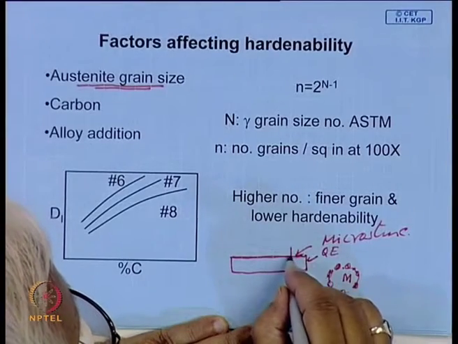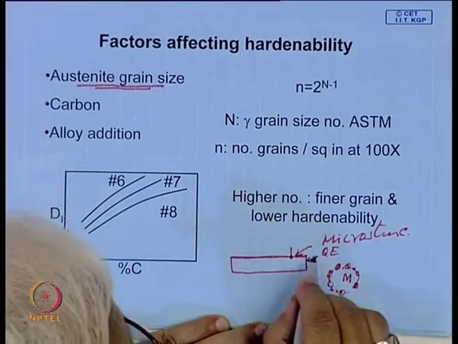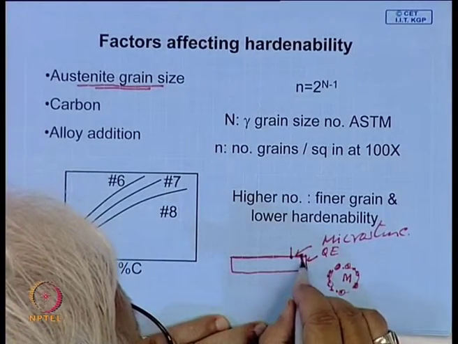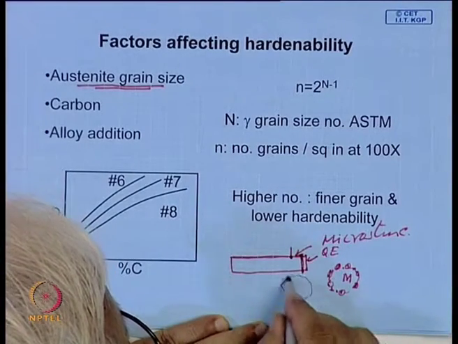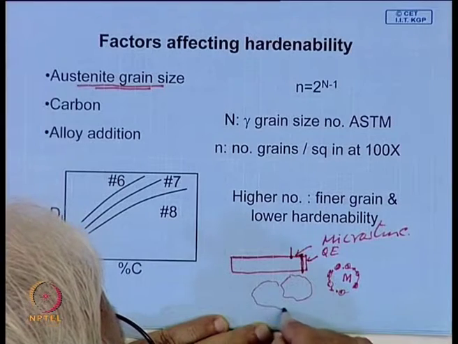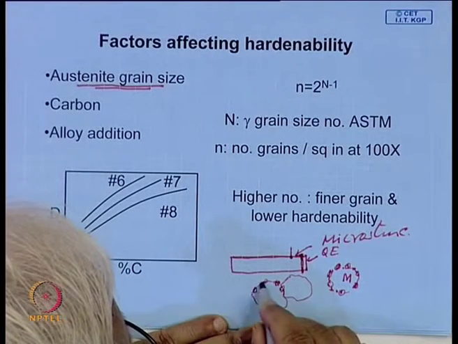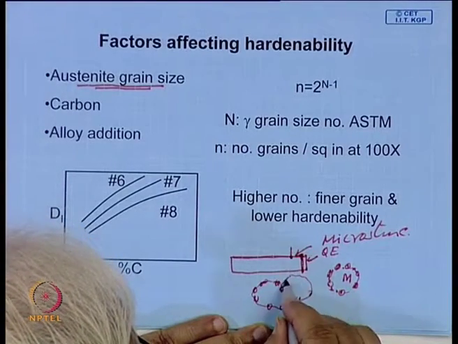So, somewhere here is 50% martensite. Here it will be very difficult to find the prior austenite grain size, but somewhere here you may find a microstructure where the prior austenite grain size is marked by these pearlitic nodules of pearlite.